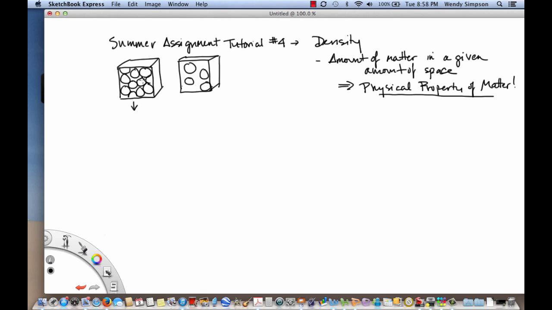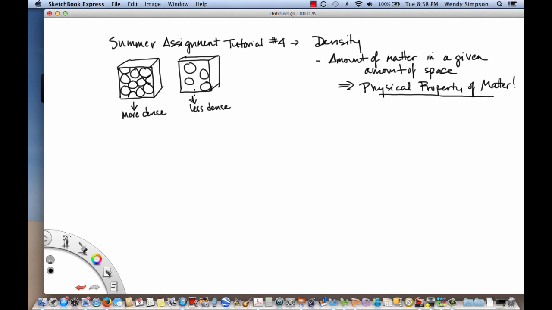Because this one has more particles than this one does in the same amount of space, this substance is more dense, while this substance is less dense. So that's one way that you can visualize the density of two different objects.